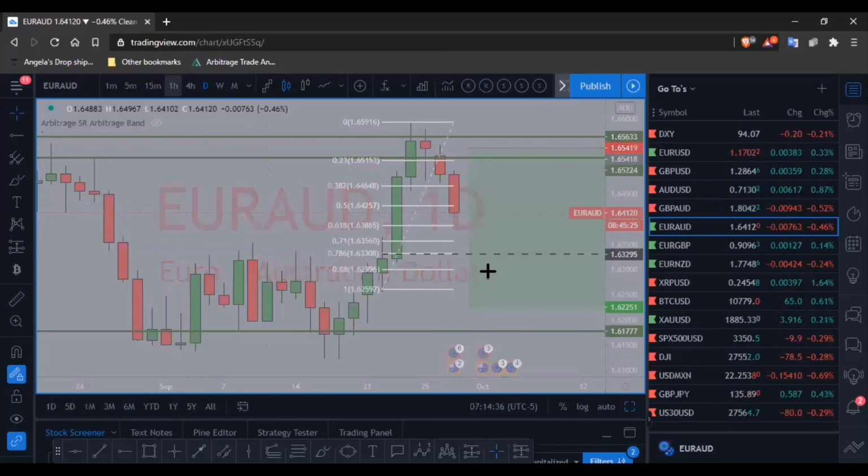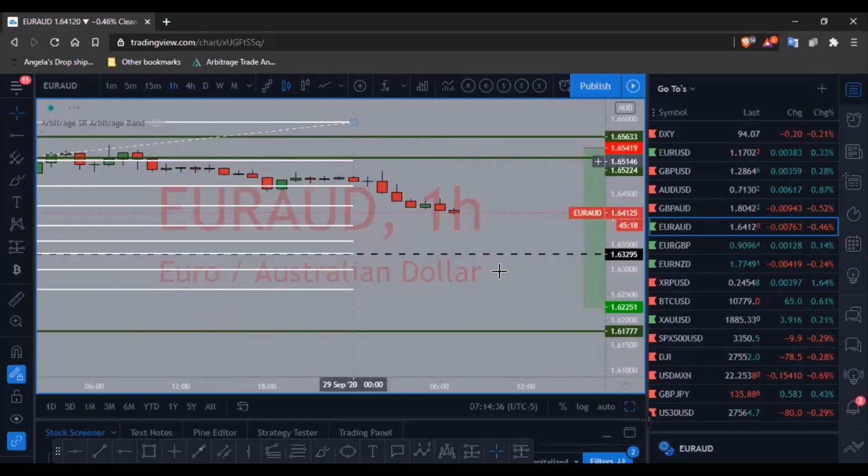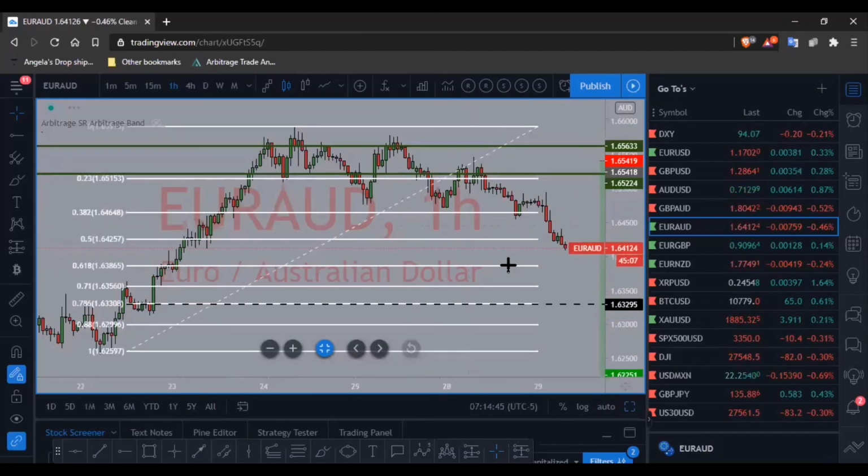Let's go on the 1 hour time frame though real quick and see what's good. Okay, so 1 hour time frame. Let's see how many pips we're up first of all. I think it was up 80 pips. Let me see on my phone. Yeah, like 80 pips up on this trade.